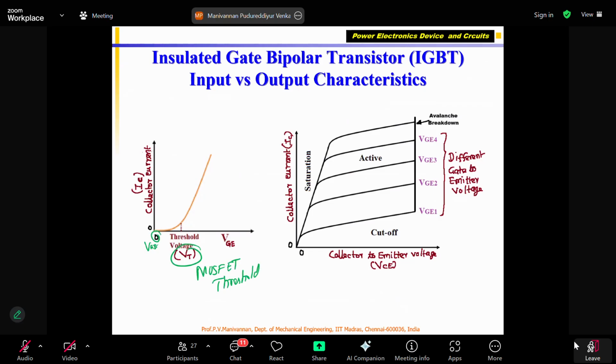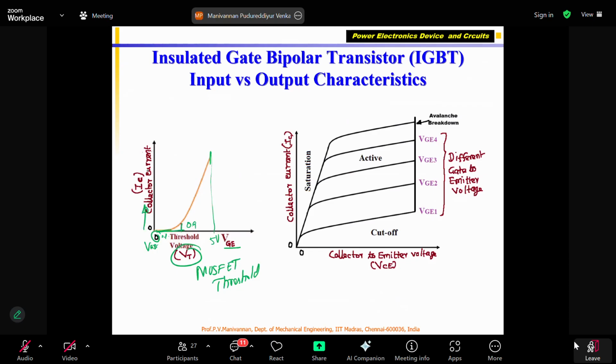Output stage. You can see that up to the threshold, I am increasing the VGE. For example, say the maximum voltage you can supply is 5 volts. So I increase 0, 0.1, 0.2 like this. For this MOSFET, say for example, 0.9 volts is the threshold. So from 0 to threshold, you can see the current doesn't exist.